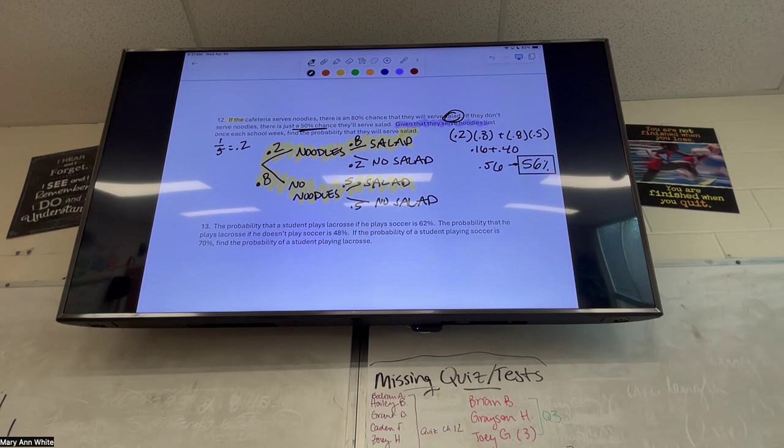All right, that being said, let's go try number 13 on your own. I'm gonna be quiet. I want you to set up your little diagram. Remember that we read the last sentence to decide what goes first. So read your last sentence to decide which one is the first one, which one's the second one.